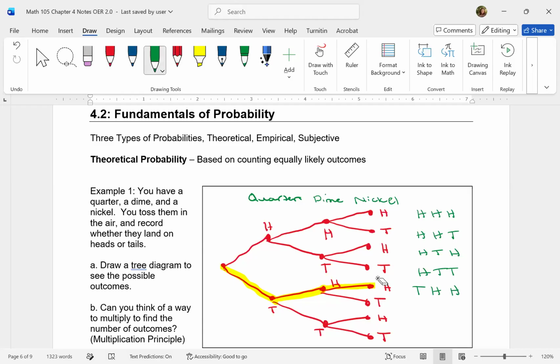Or we could have gone tails for the nickel: tails, heads, tails. Or we could go tails, tails, heads. And then last would be tails, tails, tails. And there you go. All the possible outcomes.